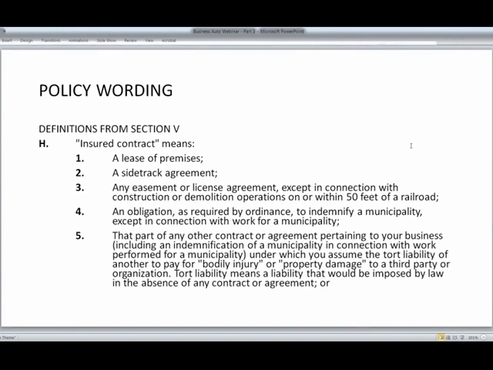In this case, our insured can assume liability on behalf of the customer and hold that person harmless and agree to indemnify them, and that will be an insured contract. I have said often in presentations, and a lot of people do not understand this, that there's far more exposure under contractual obligations than under adding someone as additional insured.